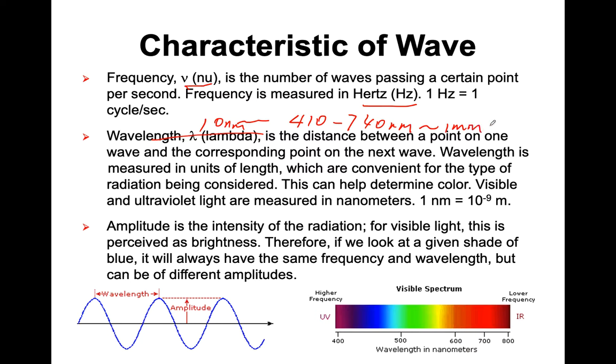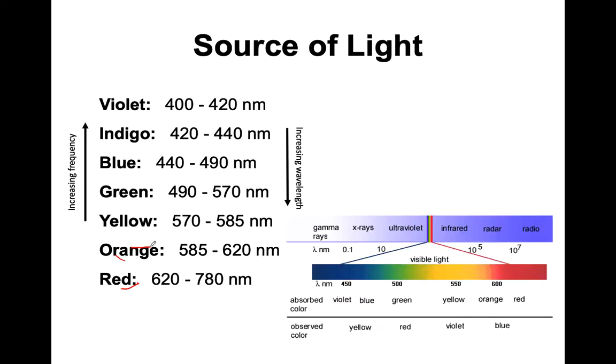The wavelength of light can help determine color, where the visible light can be split into a spectrum stretching from red, orange, yellow, green, blue, and violet. If you like photography, you probably know more about color. Amplitude is the intensity of the radiation.